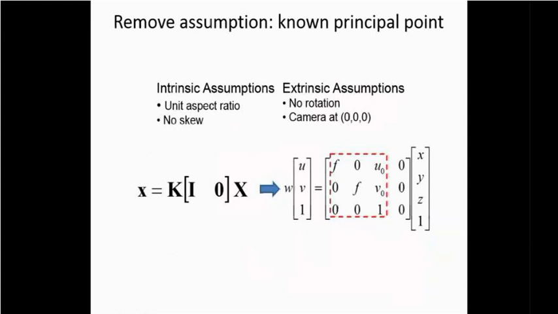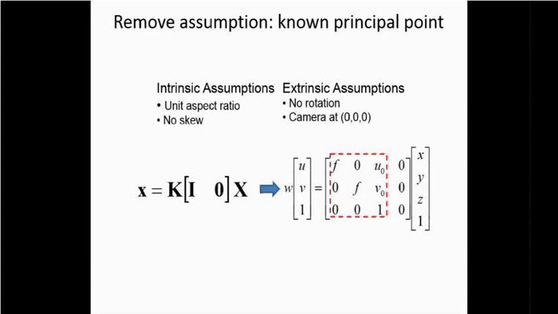Now let's remove an assumption, and let's say that our principal point is not at 0, 0 anymore. There's a couple reasons we could do this. One is that instead of saying that the center of the image is at 0, 0, we might want to say that the center of the image is at some pixel coordinate, like 320, 240 for a 640 by 480 image. Another reason is that if you've cropped an image, then the principal point will be far from the center, so then you actually need to estimate it.